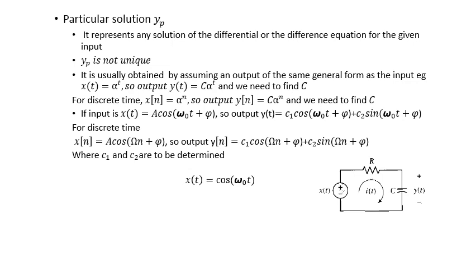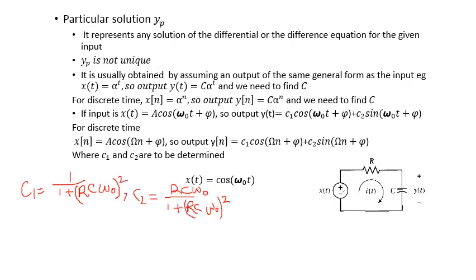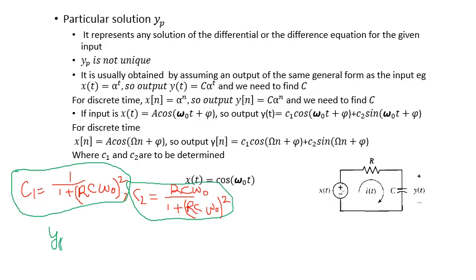By solving, we get the values of c1 and c2, which are these, and the particular solution yp(t) equals c1 cos omega naught t, with c1 equal to this one.